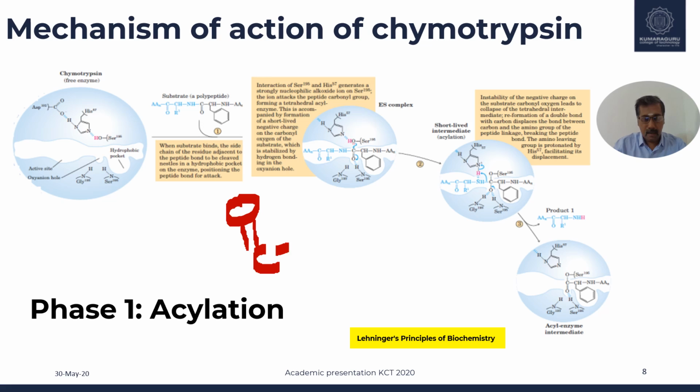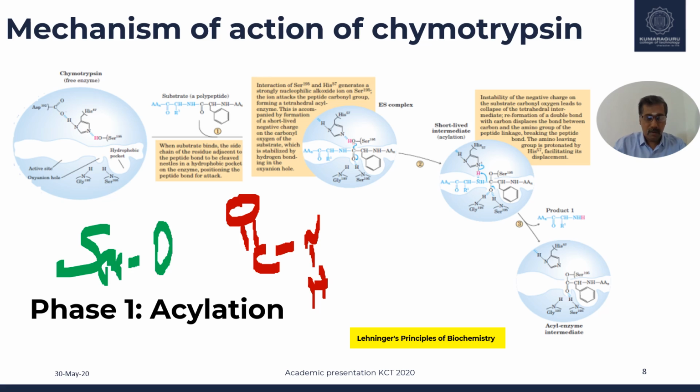Your peptide bond is made up of CO and NH. So now here there is serine O. Now the serine oxygen is having a lone pair of electrons. Two electrons are present. So now this is the protein substrate. Now what happens?